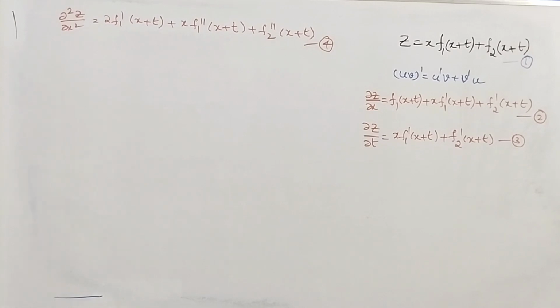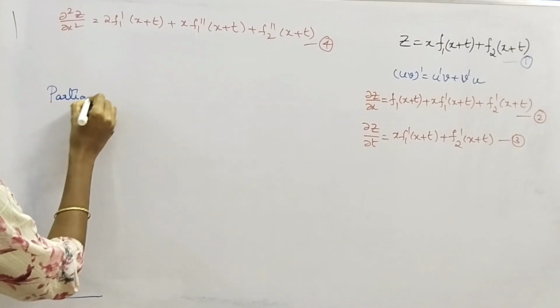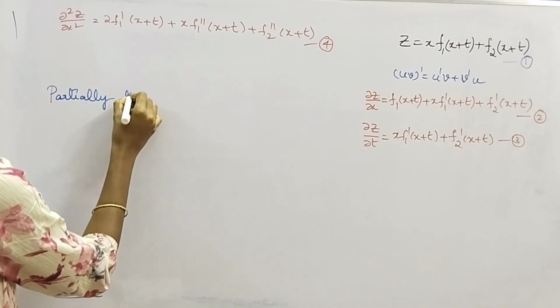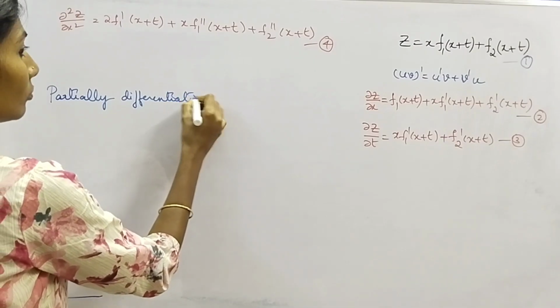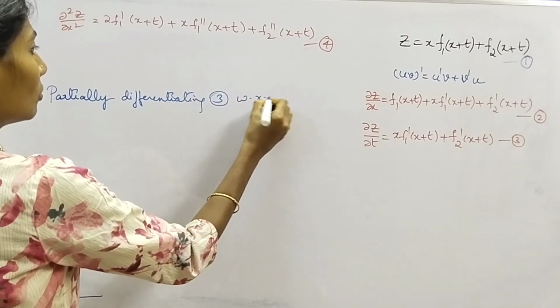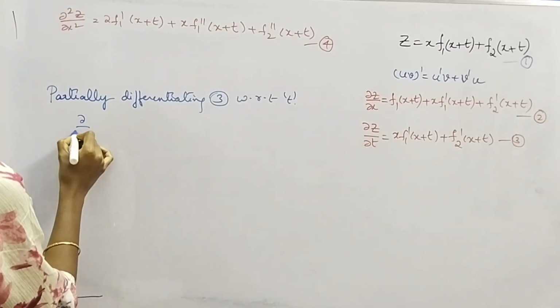Now let's partially differentiate 3 with respect to t. Partially differentiating 3 with respect to t, just apply dou by dou t on both sides of this equation.